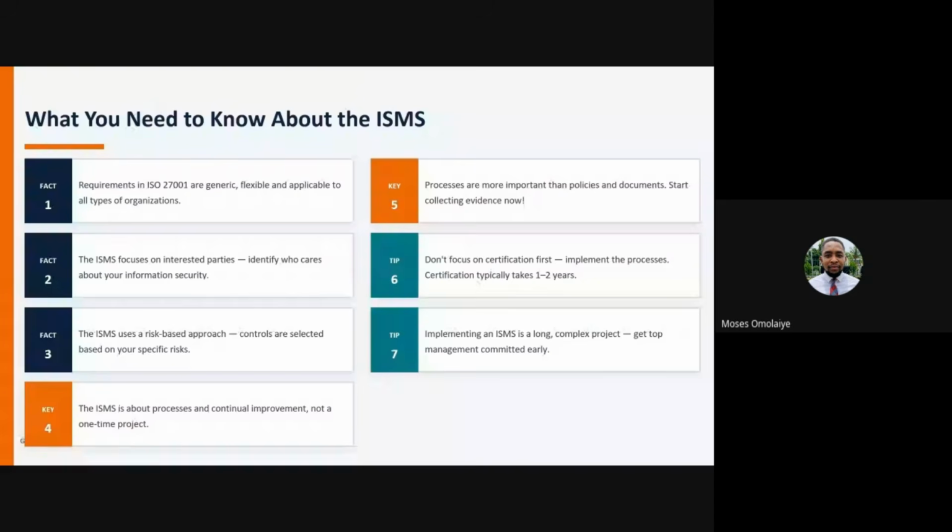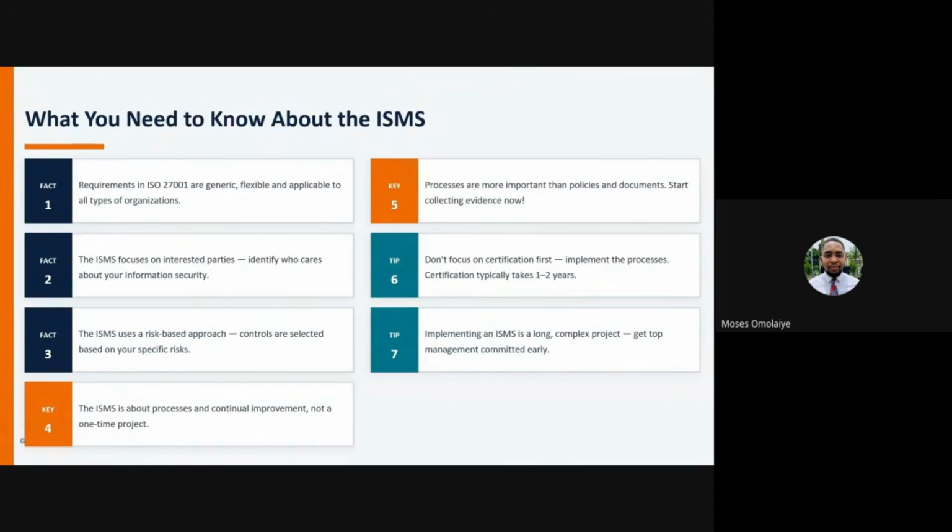Two is that the ISMS focuses on interested parties. So it's about identifying who cares about your information security: stakeholders, staff, business partners, etc. And then fact three, the ISMS uses a risk-based approach. So controls are selected based on specific risks. That's why we do the risk assessment.